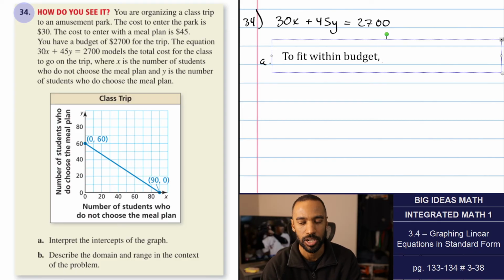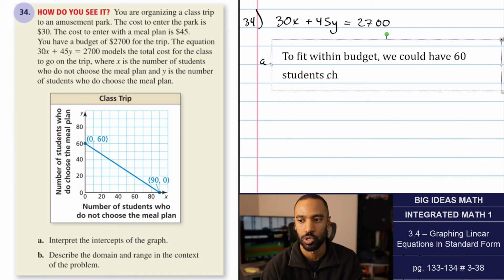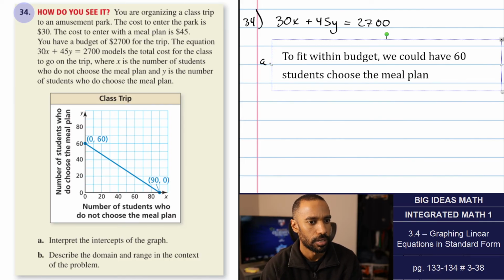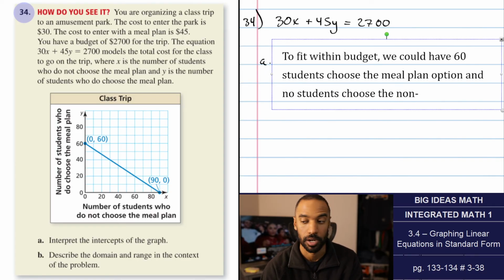But to fit within budget, we could have 60 students choose the meal plan option, the cost of the meal plan option, and no students choose the non-meal plan option.